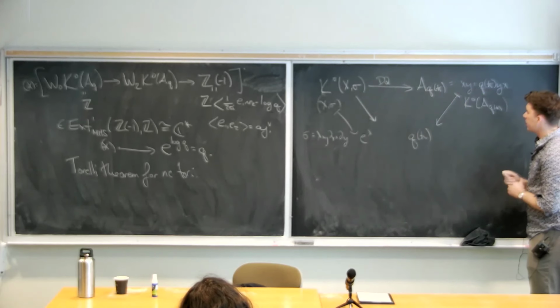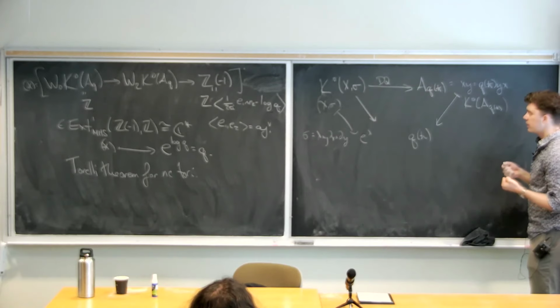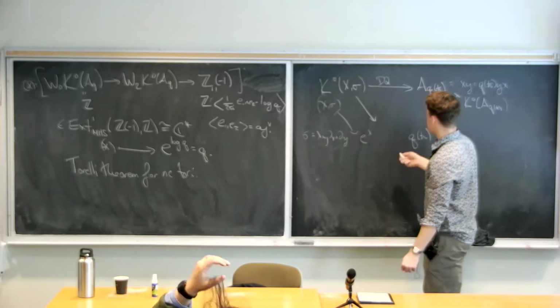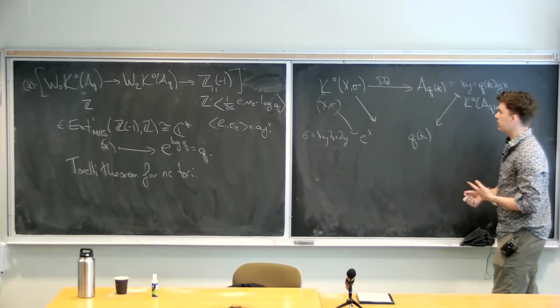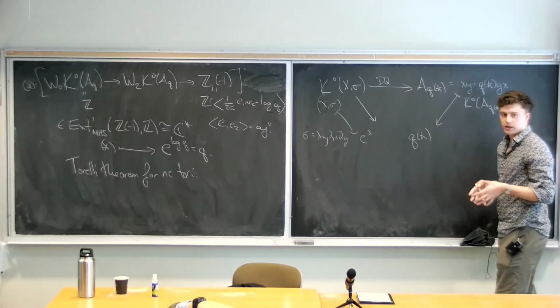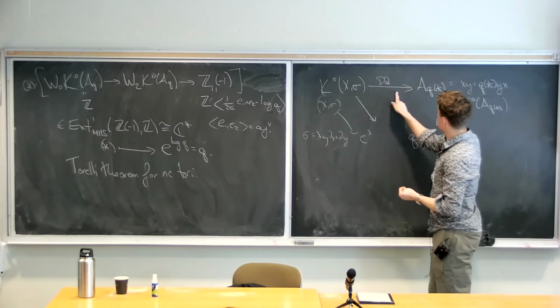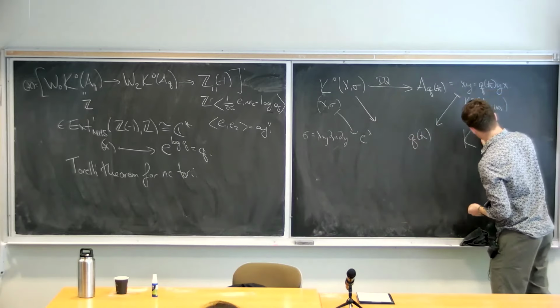Now, the crazy thing, and the part that's actually extremely hard in this whole story, and which I basically contributed none to, but it's due to people like Thomas Willwacher, Alberto Cattaneo, Giovanni Felder, all these people who worked on formality theorems and stuff like this, is that this induces an isomorphism of mixed Hodge structures.